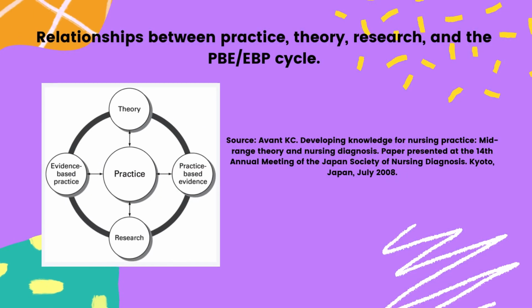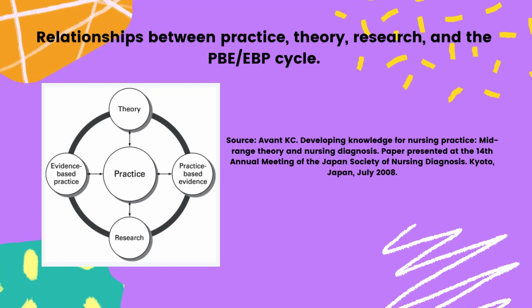In this illustration, theory not only guides practice but also generates models for testing in research through practice-based evidence or evidence-based practice. So research and clinical data provide evidence for evidence-based practice or practice-based evidence that can subsequently generate practice guidelines and or theory.